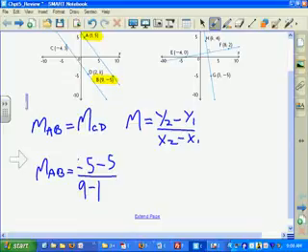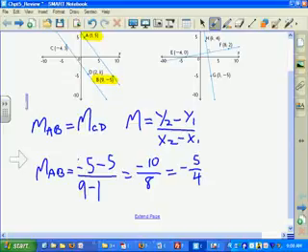All right, follow me so far? Just taking our points A and B and plugging them into our m equals y2 minus y1 over x2 minus x1, which gives us -10 over 8, which equals -5 over 4.